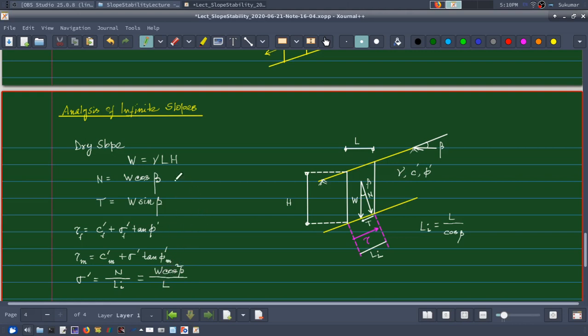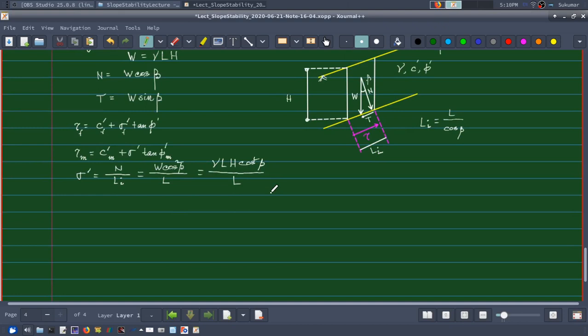Now we can put the value of W from this equation, gamma L into H. So sigma dash will be gamma L H cos square beta by L, and this gives me gamma H cos square beta.